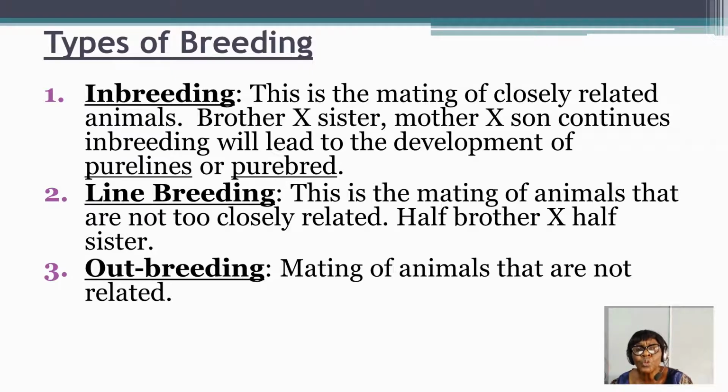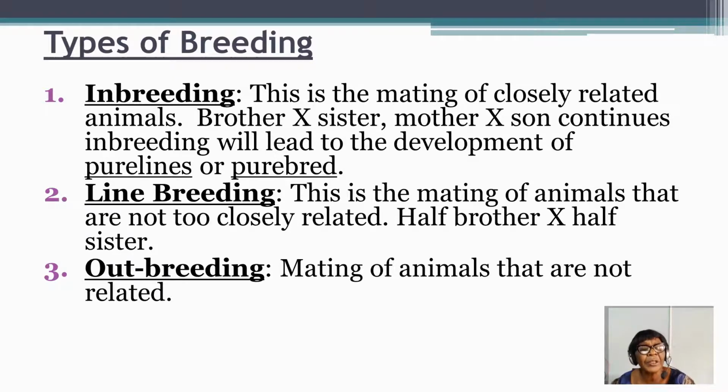They are related, but not too closely related, like brother and sister in human beings. So in animals, it's just like that. Mating of animals that are not too closely related, we call it line breeding.